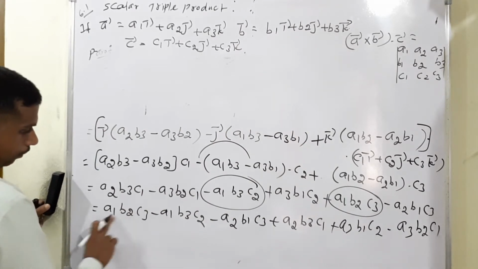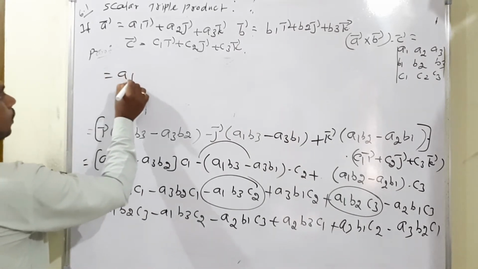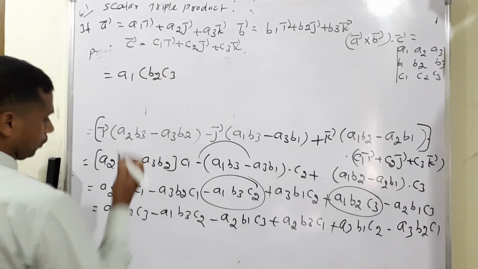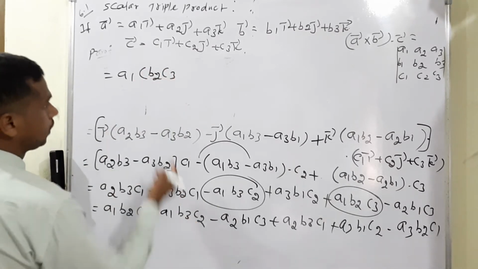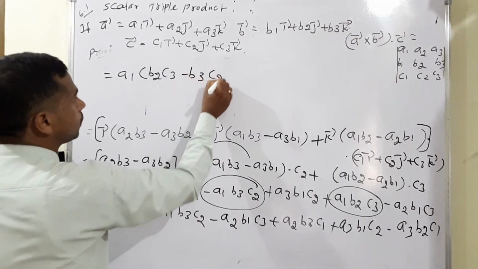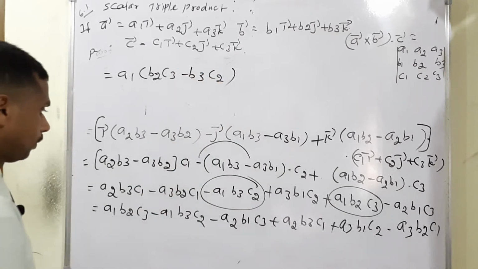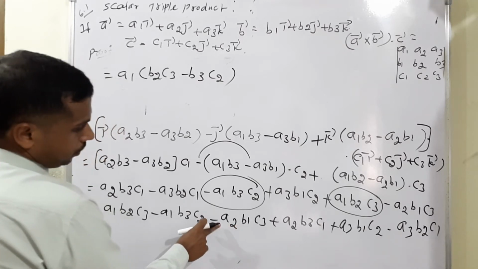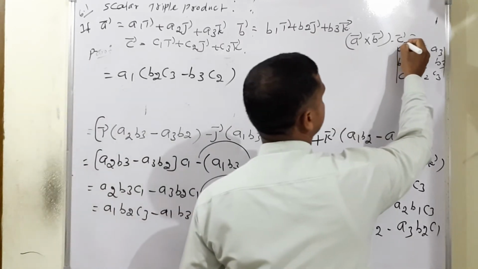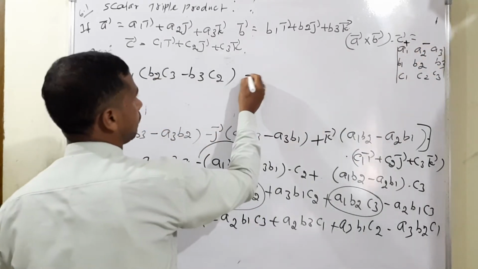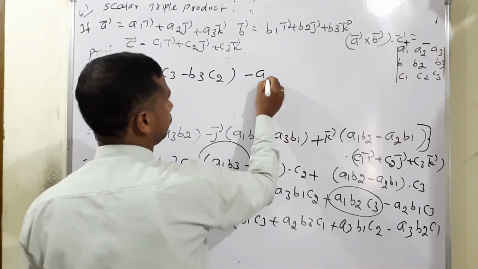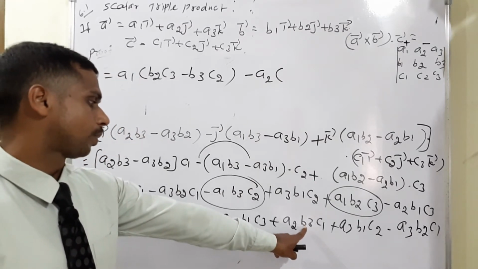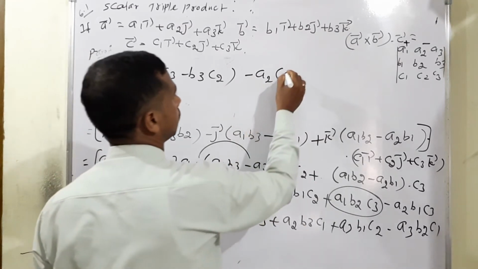The first two terms, A1 take common outside, remaining B2 C3, then minus B3 C2. The next condition, so minus, isn't it? Because starting with the plus, minus. So minus A2 take common outside means first positive term B3 C1.